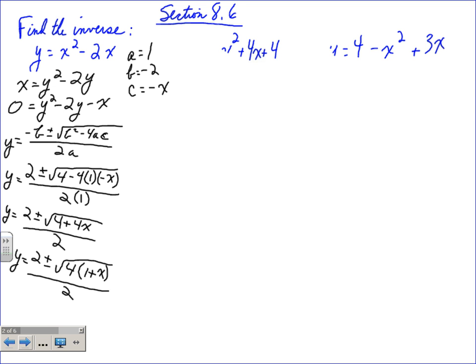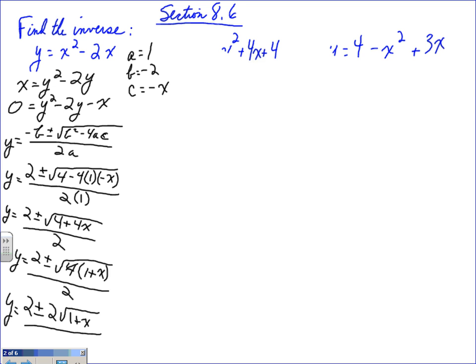Now I can take out the square root of 4, which is 2. So I have 2 plus or minus, square root of 4 is 2, square root of whatever's left inside, the 1 plus x, all over 2.